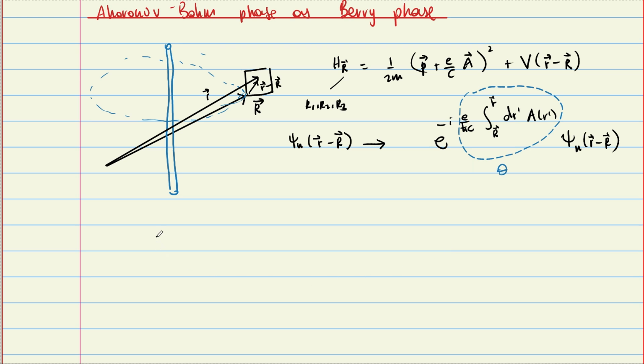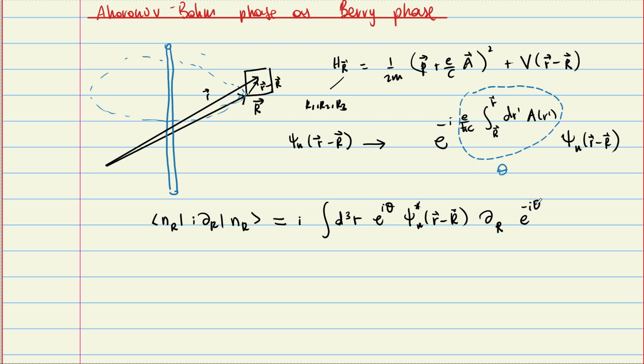And I want to calculate the Berry phase and Berry connection and Berry curvature, all those things. So the Berry connection in this case is the wave function n of R, i del R, n of R, which is equal to i times the integral over all possible positions of e to the i theta psi n star of r minus R, del R of e to the minus i theta psi n of r minus R. So that's the integral we need to take.